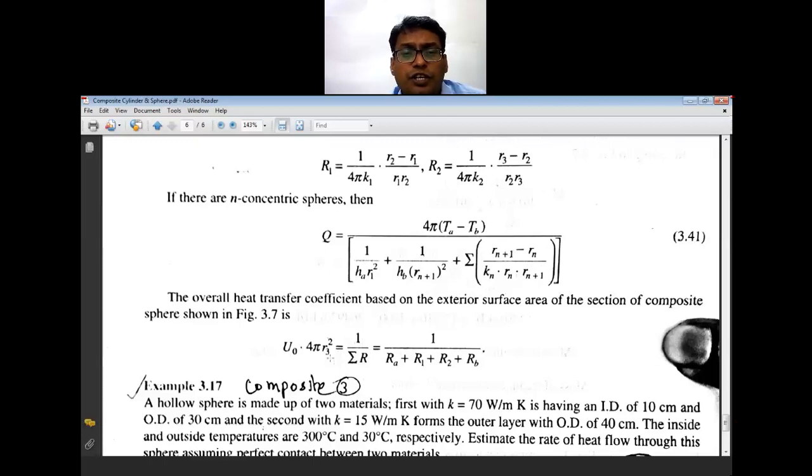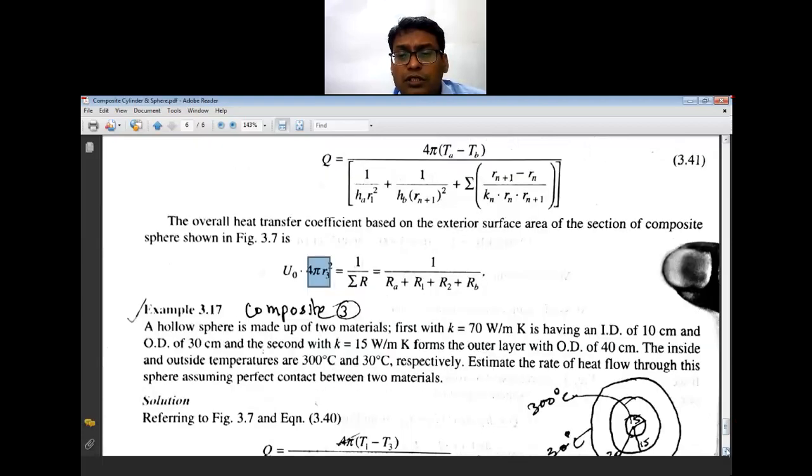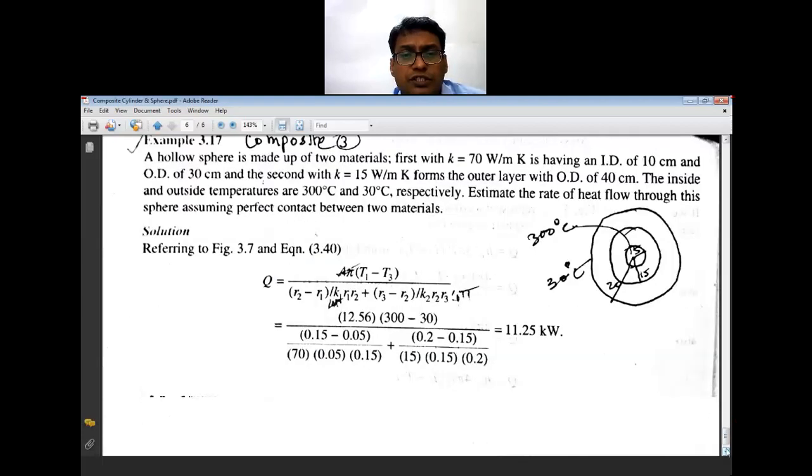Then U0 is the overall heat transfer coefficient multiplied by area. That is nothing but 1 upon the summation of all the resistances. Now based on this, we will discuss one problem. A hollow sphere is made up of two materials.